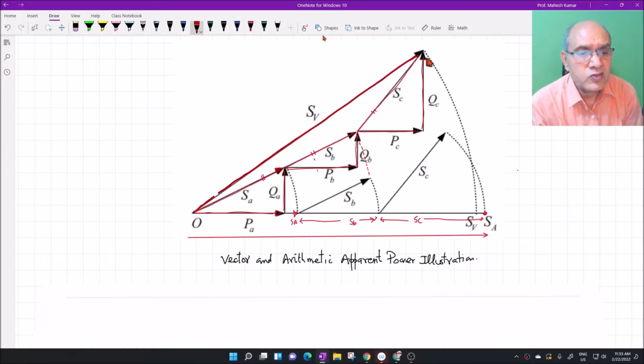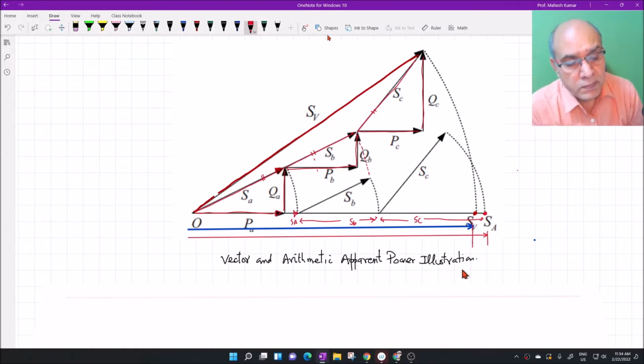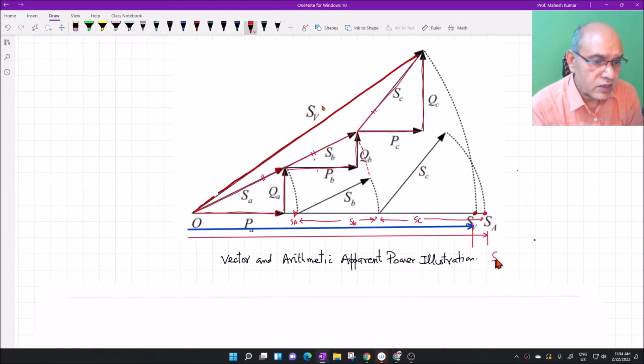And if I resolve back on the x-axis, this length is the SB. So you see a difference between the SA and SB. This difference is basically the difference of the two apparent powers. And you can see here that SA is greater than or equal to SB.